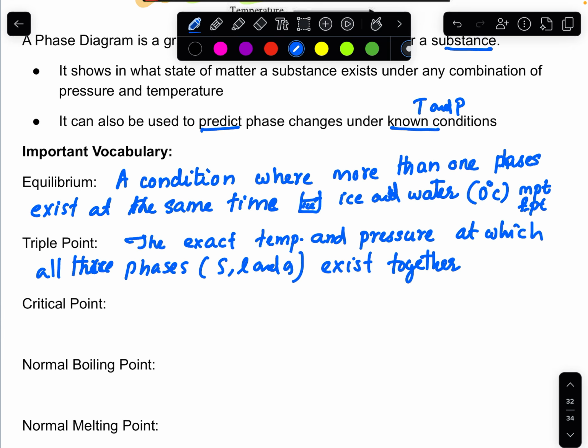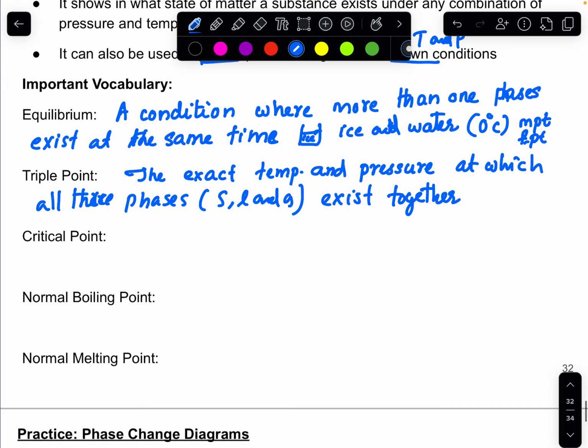Then critical point, at a particular point in a graph, beyond that point, it is very difficult to do the phase changes between liquid and gas. Okay.